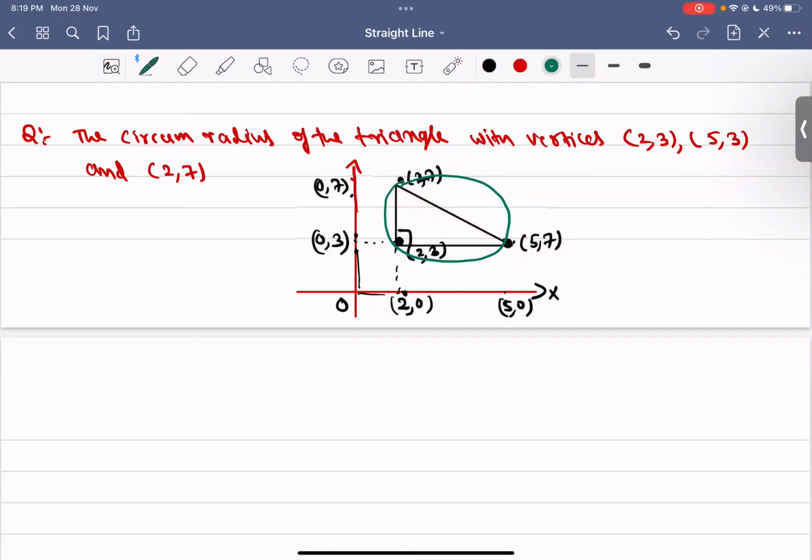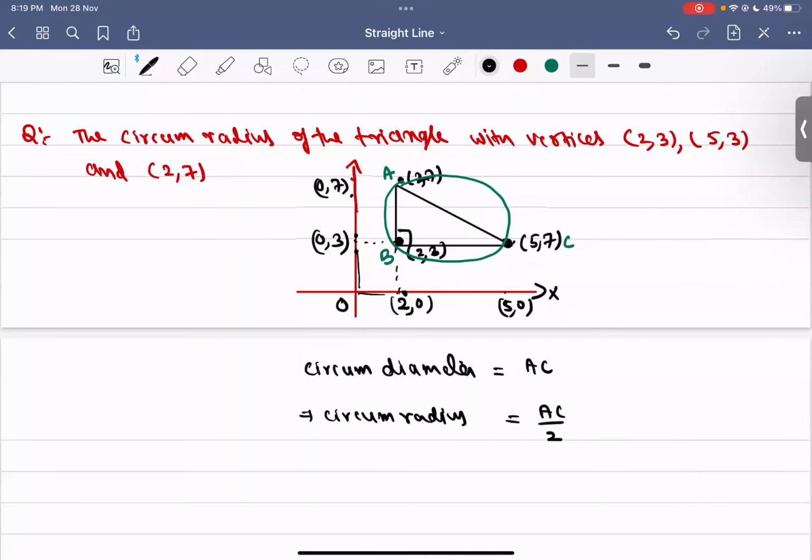Suppose you name the vertices A, B, C, then circumdiameter is what? For this diagram, because it's a right angle triangle, AC is the circumdiameter. That implies circumradius is equal to circumdiameter by 2.